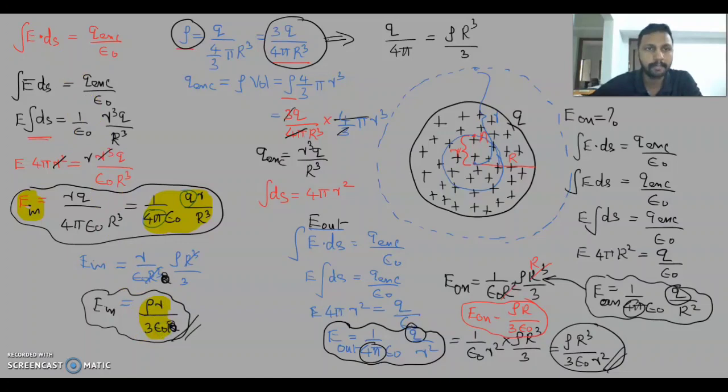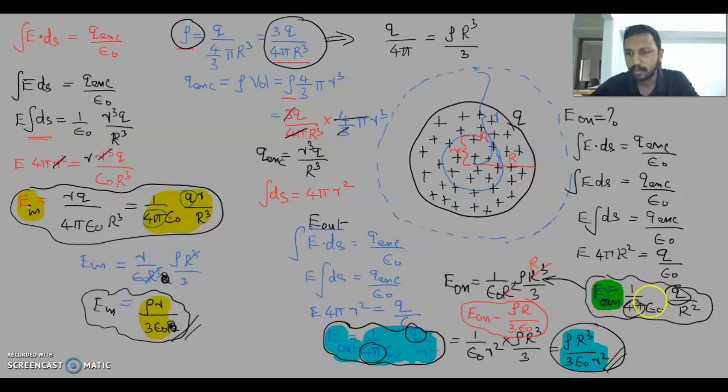Electric field intensity outside the non-conducting solid sphere should be 1 by 4 pi epsilon 0 q by small r square, and the other formula is rho R cube divided by 3 epsilon 0 r square. These are the two formulas for electric field intensity outside the sphere.